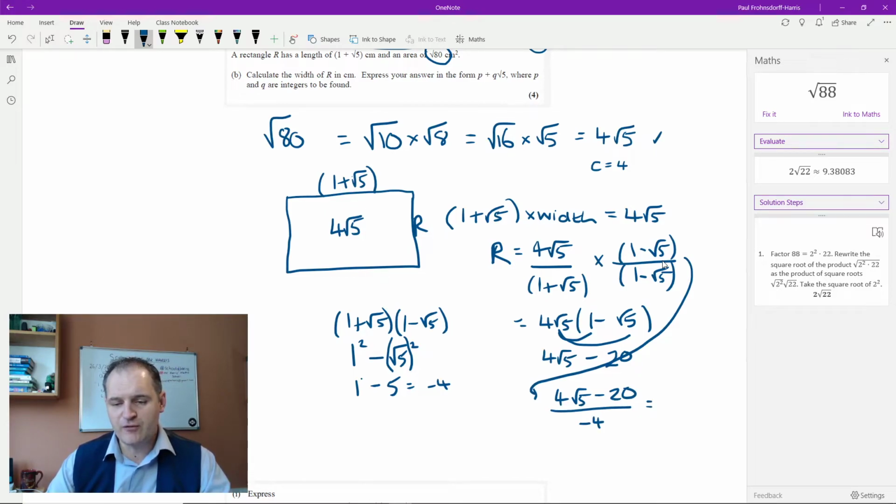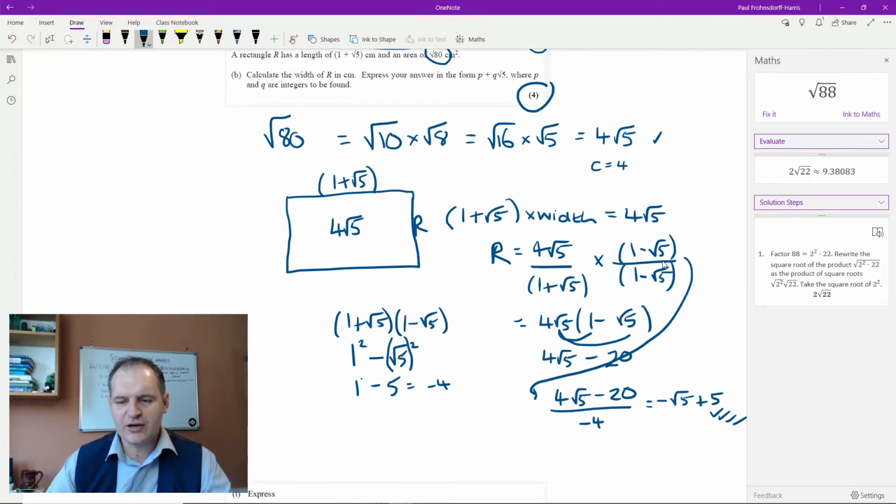But they all divide by 4. It's almost like they made up the question so that that would be the case. 4 divided by minus 4 is minus 1. And minus 20 divided by minus 4 is plus 5. And we've got, as I mentioned before, that would probably be enough for all 4 marks.